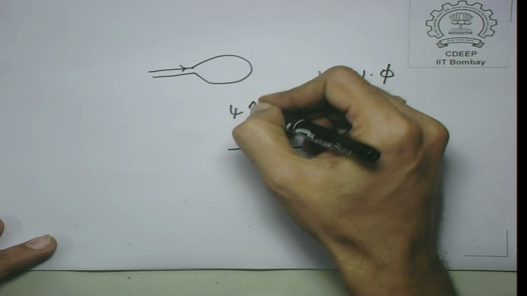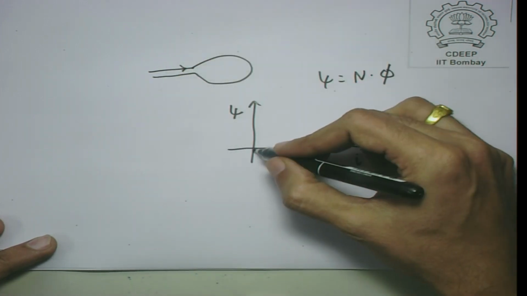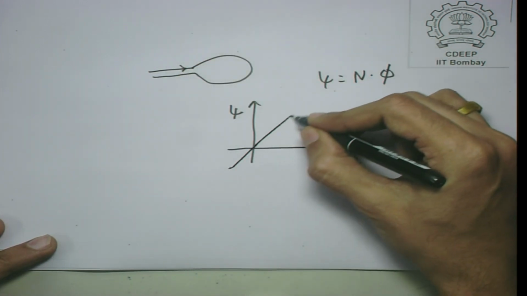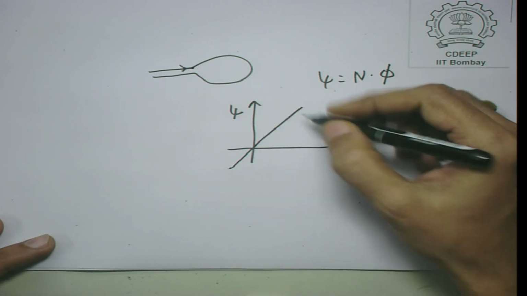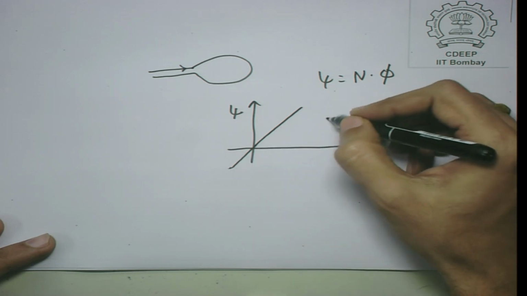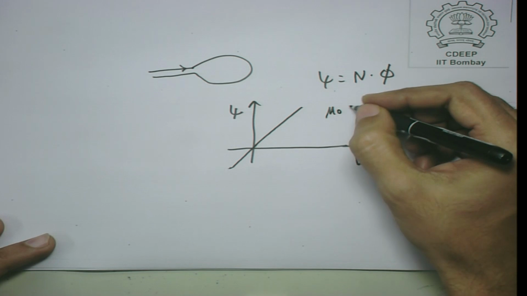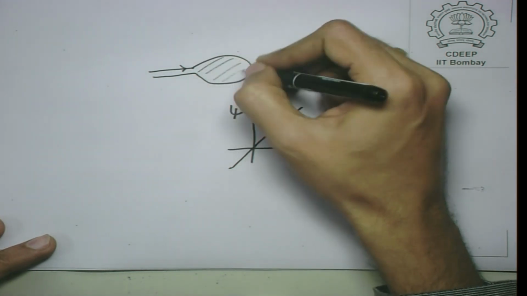If you have got one turn, it will be just the flux. If the current increases, if you have got free space, then this psi-I relationship is linear, and this curve depends on mu naught, which is constant, and the geometry of this, including the area of this and so on.